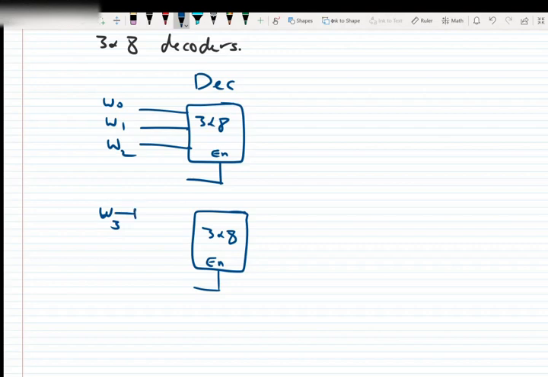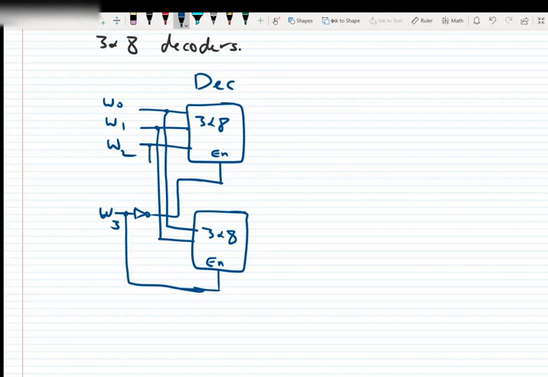We complement W3 and connect it to the enable of the first decoder, and connect W3 to the enable of the second decoder. And for the inputs, I connect W0 to the first input of each decoder, W1 to the second input, and W2 to the third input.